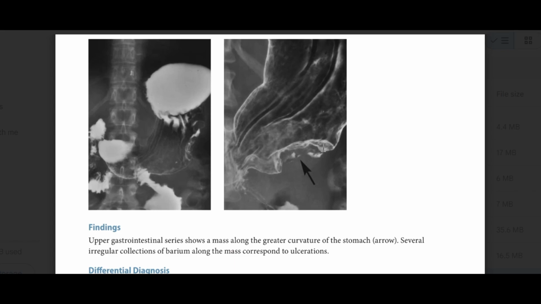There is a mass with irregular margins along the greater curvature of the stomach, with several irregular collections of barium along the mass that correspond to ulcerations.